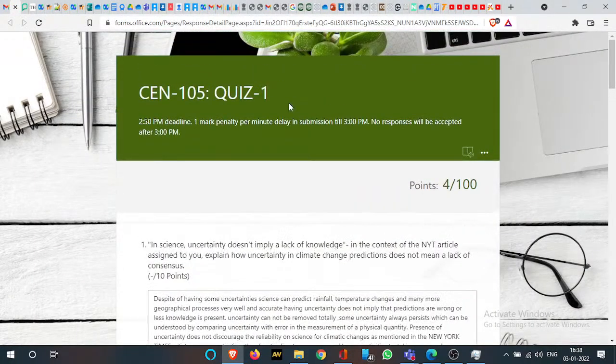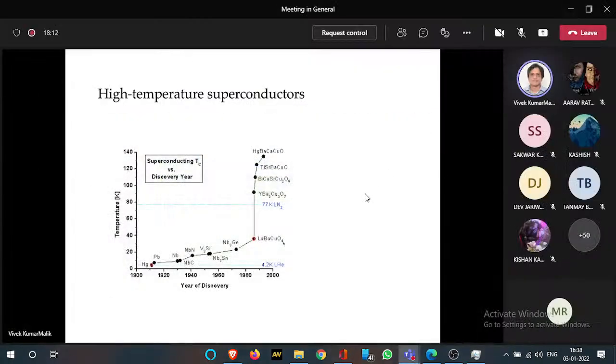And very soon, within a year, similar compounds were discovered having a TC of more than 77 Kelvin, like yttrium barium copper oxide, YBa2Cu3O7, which is called the 123 material, having a TC of 91 Kelvin. Then there is bismuth, calcium, strontium, copper oxide, and so on.